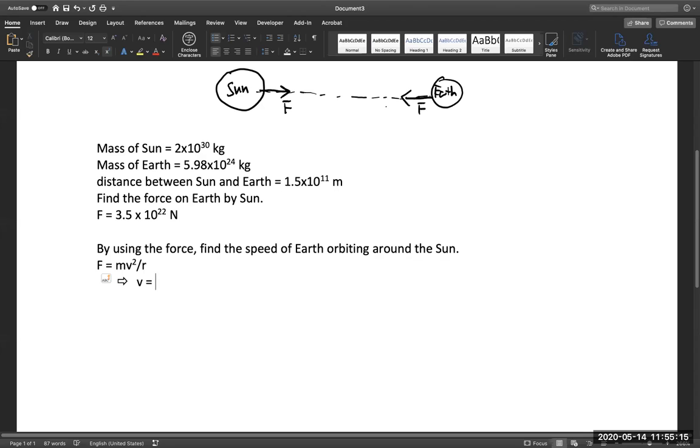Your answer should be around 3.0 times 10 to the power 4 meter per second.